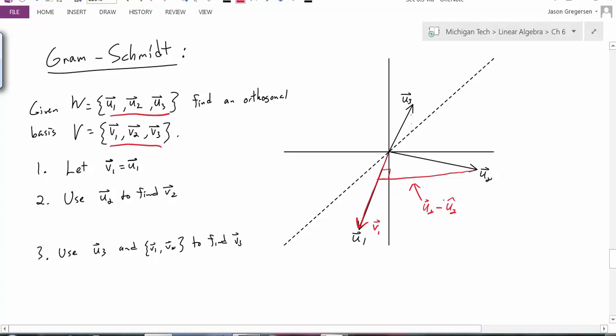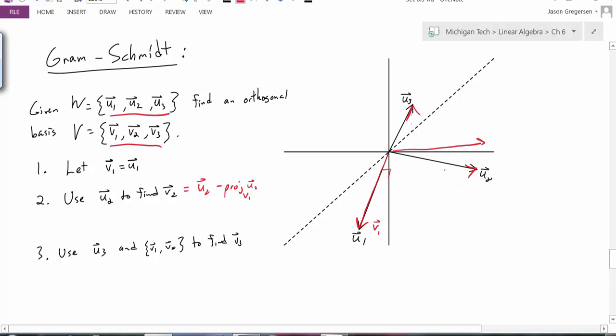That should be our next vector, v2. So v2 is our u2 vector minus the projection of u2 onto our v1 vector. We can see that would give us our v2. I'll draw it back over here. So now I have v1 and v2.